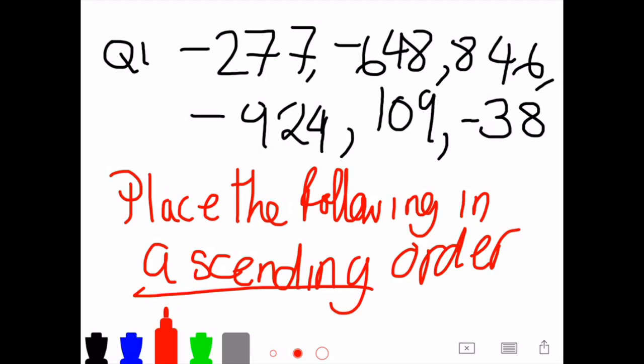Well, the definition from the dictionary, they say it's from the least to the most. And there's also an opposing word for it, which is called descending, which, if you guess it, it means most to least. So that's what we're actually going to do for our question 1, right above the question.